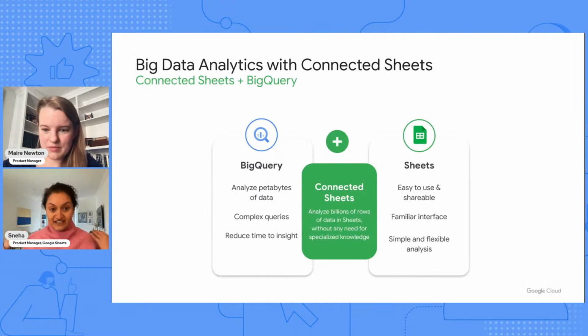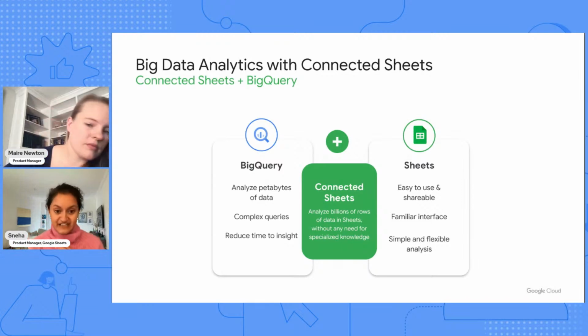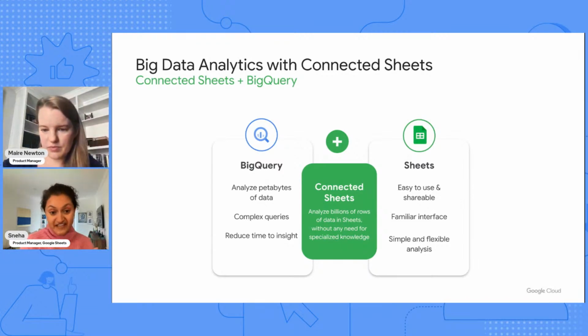So BigQuery can run billions of complex queries per second, and your organization can then react to any event in real time and analyze petabytes of data as part of that reaction. On the other hand, Sheets allows you to make data-driven decisions and insights with all your favorite tools we just talked about: pivot tables, charts, formulas, suggestions.